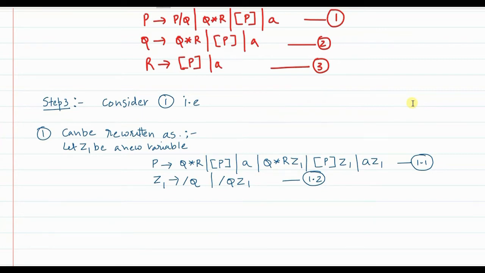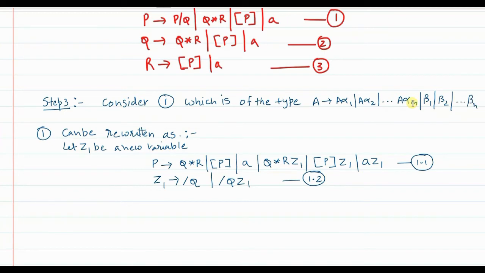I should have said consider 1. Instead of writing that, I can say consider 1, which is of the type A gives A alpha 1, A alpha 2, to A alpha n, beta 1, beta 2, up to beta n.